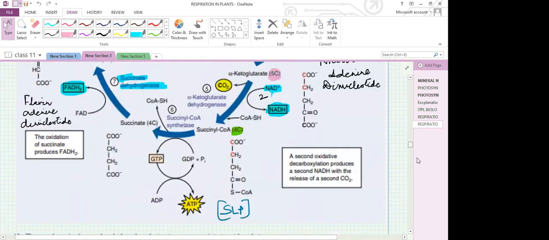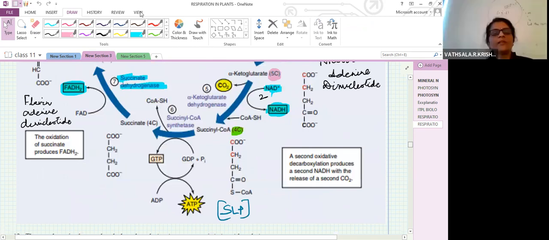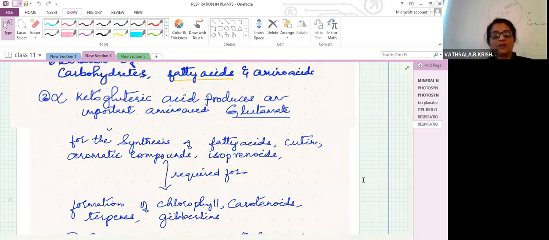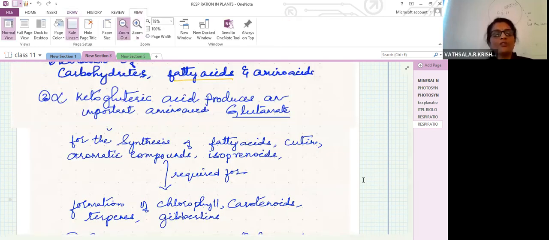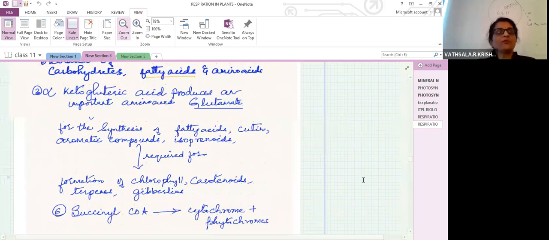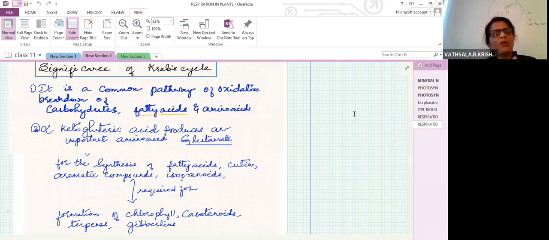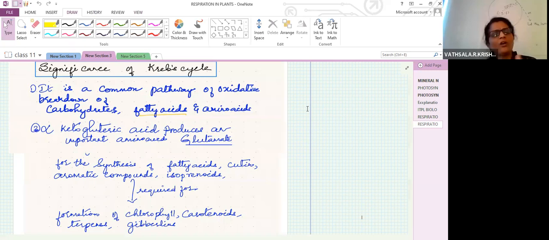So I was telling you that though this is a catabolic biochemical pathway, many of the intermediate products are used further for the formation of different substances for the plant body or any other organism, even in your body.